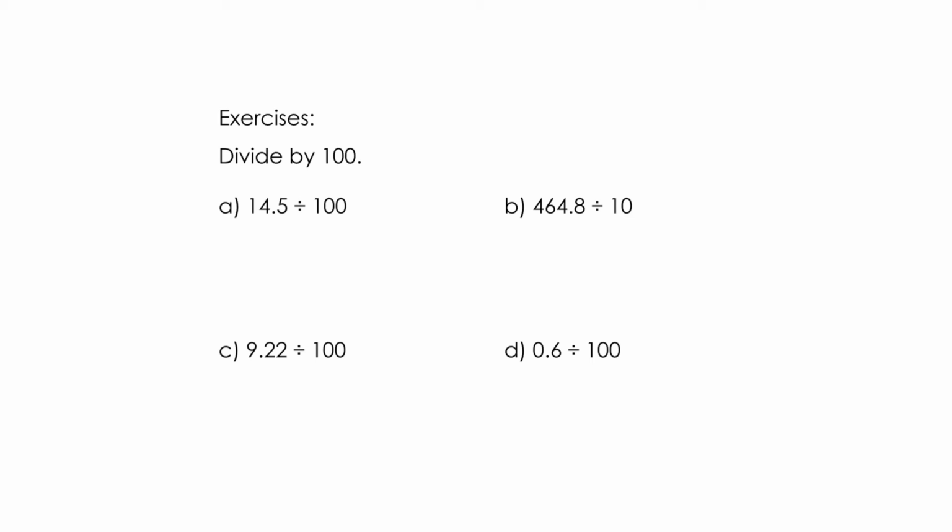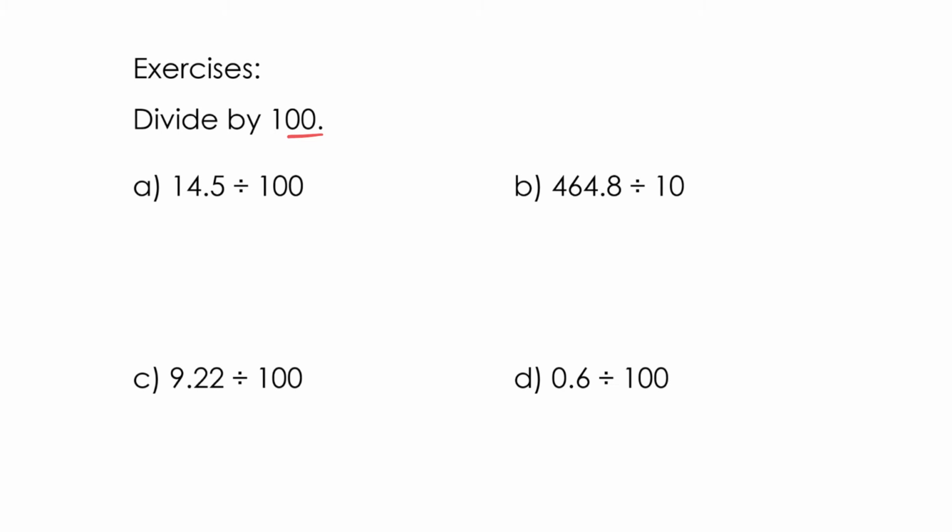Okay, let's look at now this next example of dividing by 100. Because there's 2 zeros, we move 2 spots, 1, 2. Decimal goes there, 0.145. Here, we only have 1, so we move it 1 spot, 46.48. 2 spots here, 1, 2, and since we've run out of digits, we need to include a 0 here.